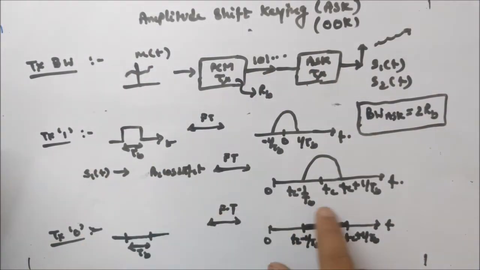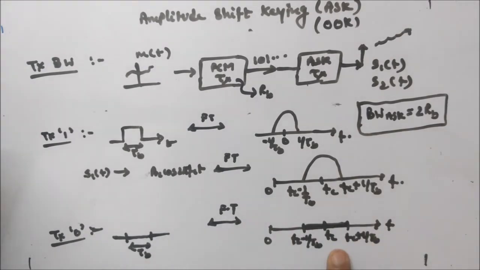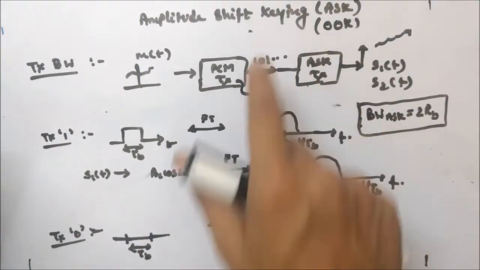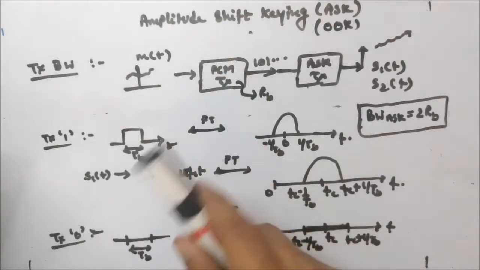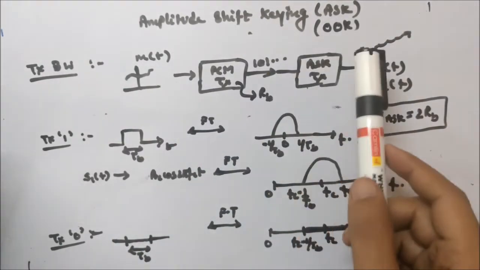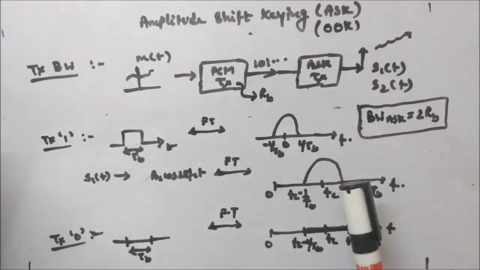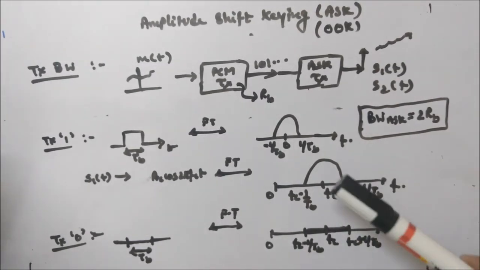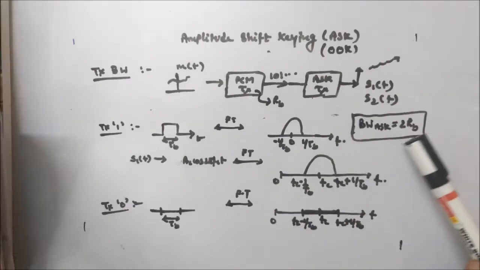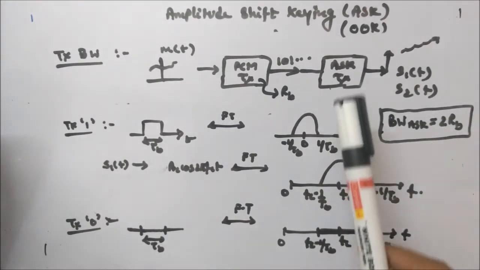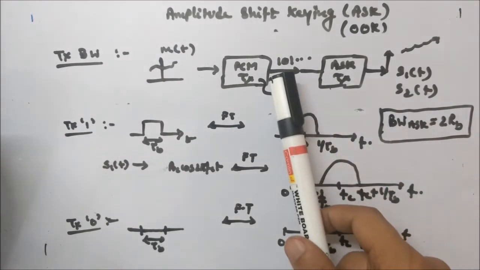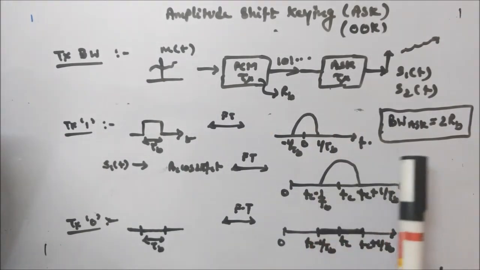Bit 1 will be represented in this way and bit 0 in this way, unless you change the value of small n, considering small n is equal to 1. Right now we are studying binary amplitude shift keying. I'm going to tell you later that when you represent with more bits, this will change our bandwidth as well. For now n is equal to 1, you are representing one message with one bit, that is why the bandwidth of ASK will always be 2 RB.